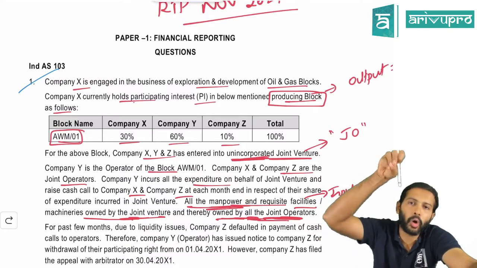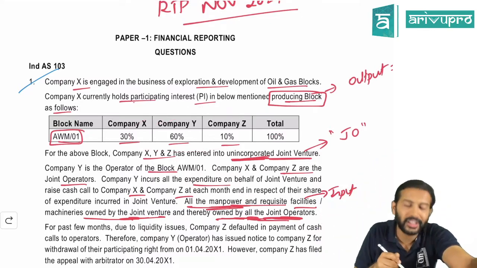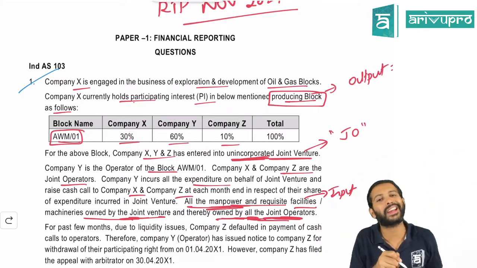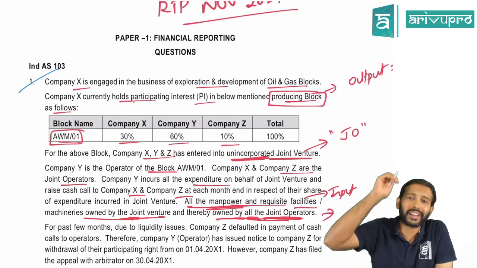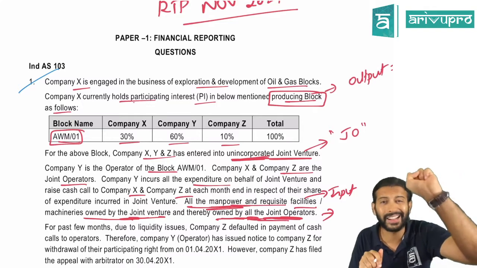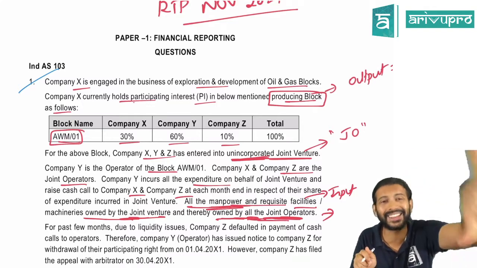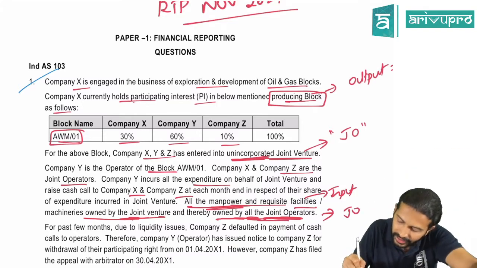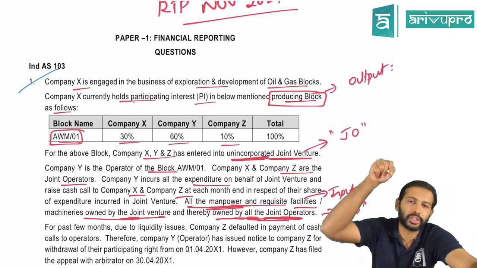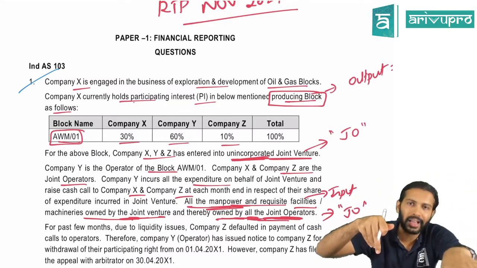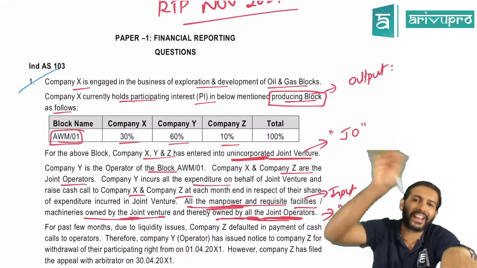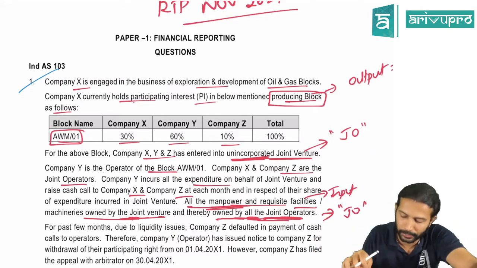So they're saying all the joint operators, that is X, Y, Z, have a right over all the assets. Since they have a right over the assets, they don't have a right over net assets, they have a right over the assets themselves. That means this is again a point trying to prove that this is a joint operation, because in joint operations the parties have a stake over assets and liabilities, proportionate share. That's what is happening here.